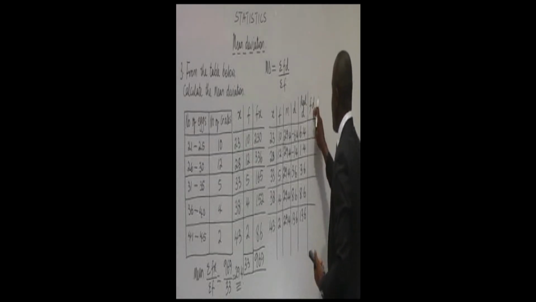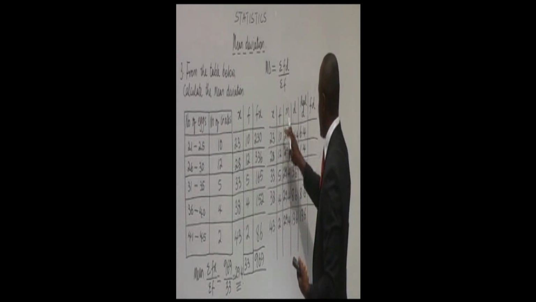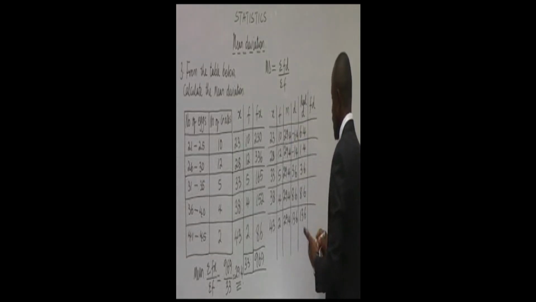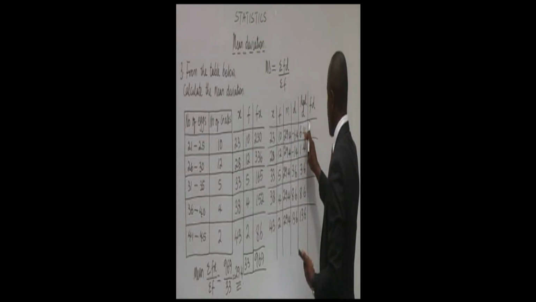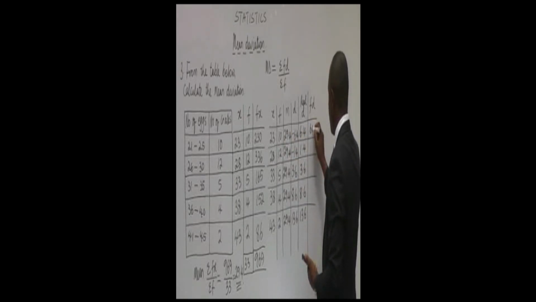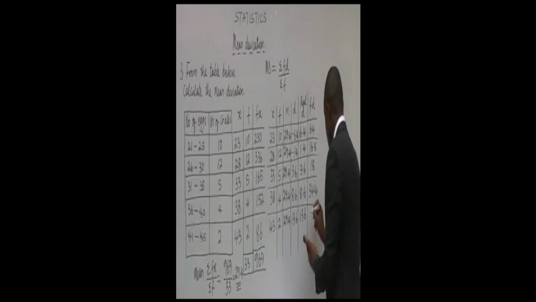Now for our FD, we multiply the frequencies and the real deviations. 6.4 times 10 will give you 64. The next is 12 times 1.4, that's 16.8. The next is 2 times 13.6, that's 27.2.